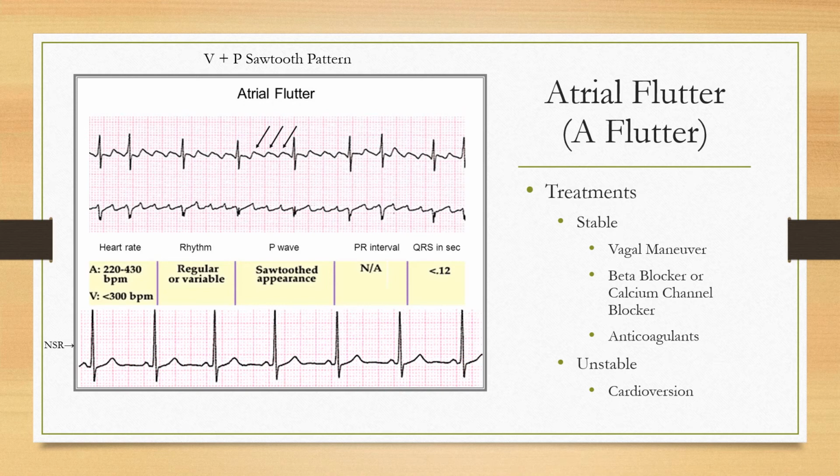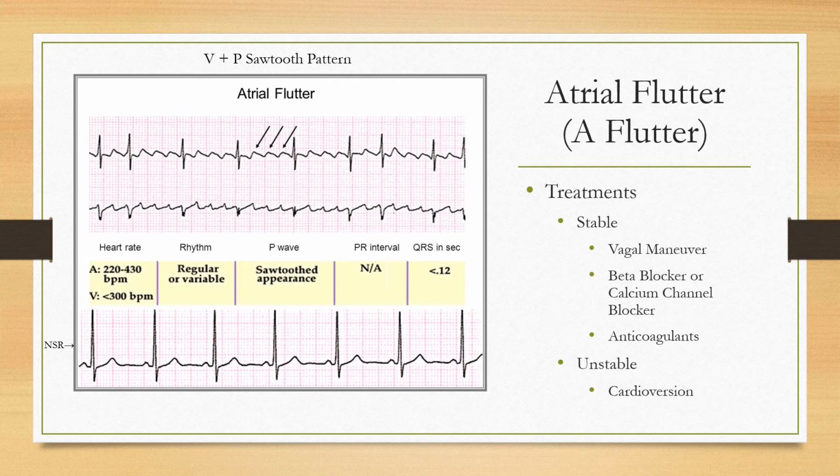So it can be regular or it can be irregular. It has that classic sawtooth appearance. And the heart rate depends on how many electrical signals the AV node lets through. So it could be going at 150. It could be going faster. So it just depends on the AV node.